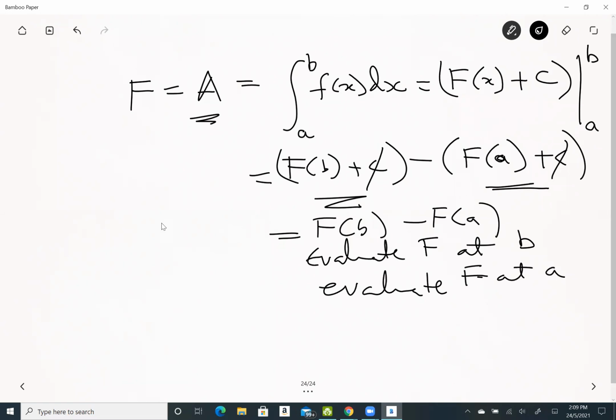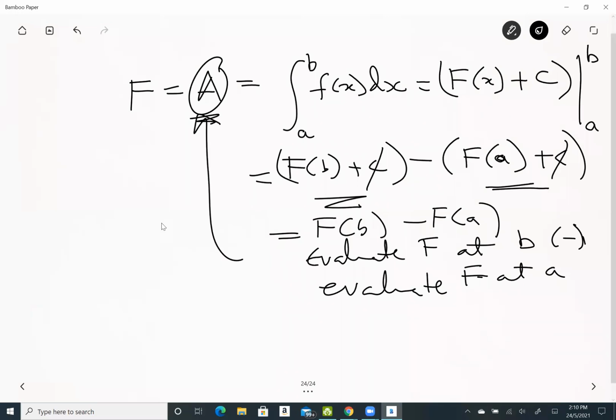That means the end point and the initial point. And then what do we do? We subtract. Take the difference. That would be the definite integral of the function f of x over the interval a, b, and that is equal to A, or you can call it capital F.